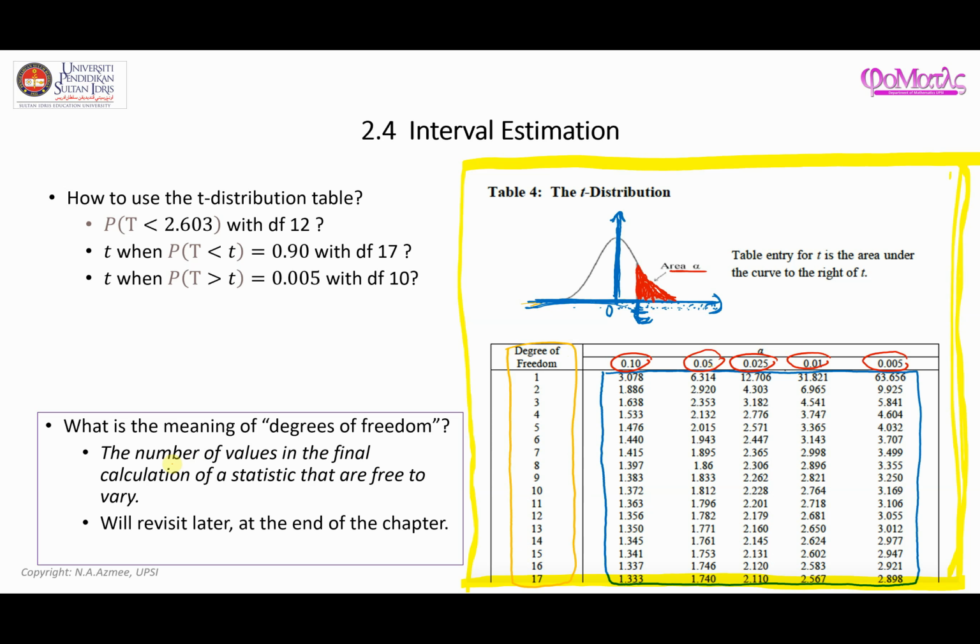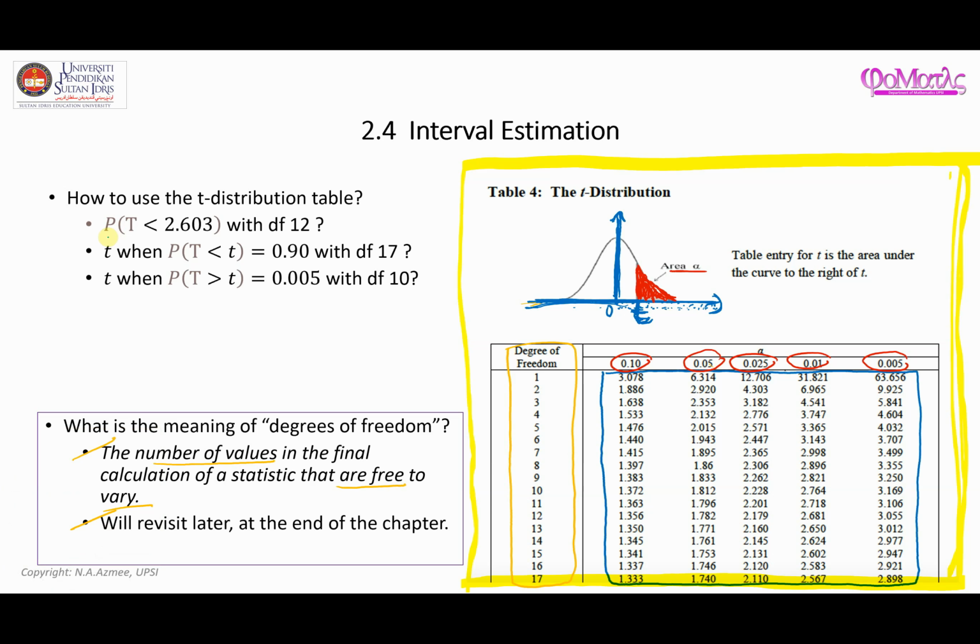Basically it means the number of values in the final calculation of a statistic that are free to vary. I will revisit this idea at the end of the chapter. We'll just leave it at that first, and focus on how we can use the t-distribution table.